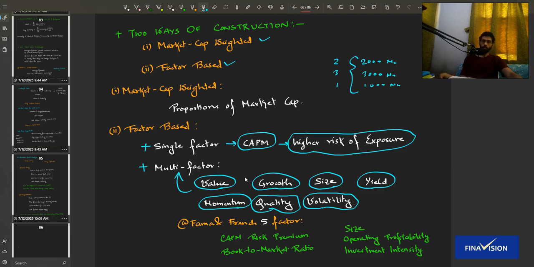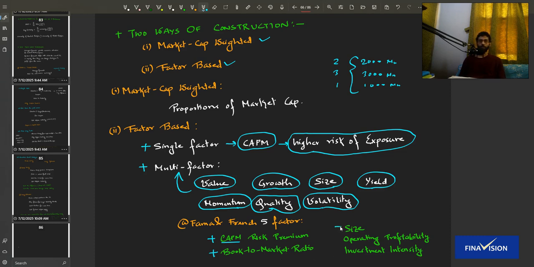One of the very popular multi-factor models is the Fama French 5-factor model, right? So this uses 5 different factors. The first one is the CAPM, that is the market risk premium factor. Then the valuation factor, which is the book to market ratio. The higher the positive sensitivity of a portfolio is to this factor, the greater value orientation this has.